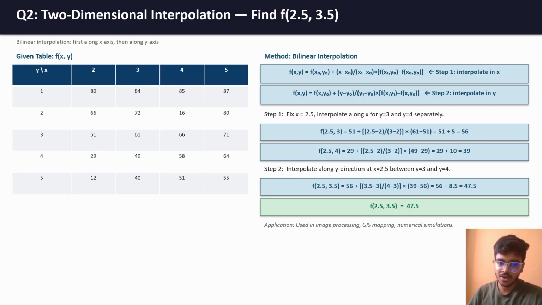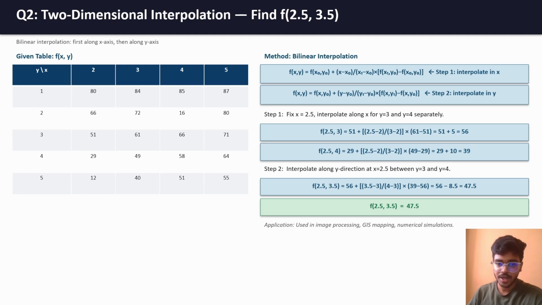First, we will interpolate along the x direction. We want x equals 2.5 in the table, but the x values jump from 2 to 3. So we interpolate between x equals 2 and x equals 3. First, at y equals 3, f of 2, 3 equals 51 and f of 3, 3 equals 61.